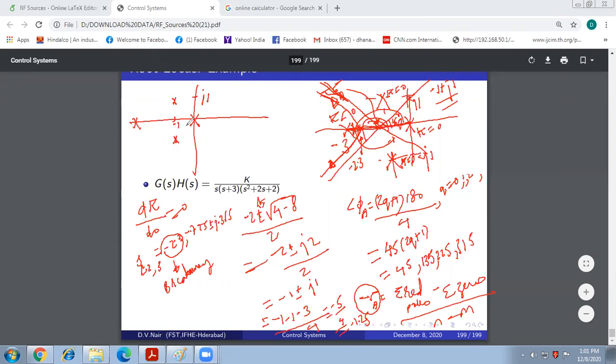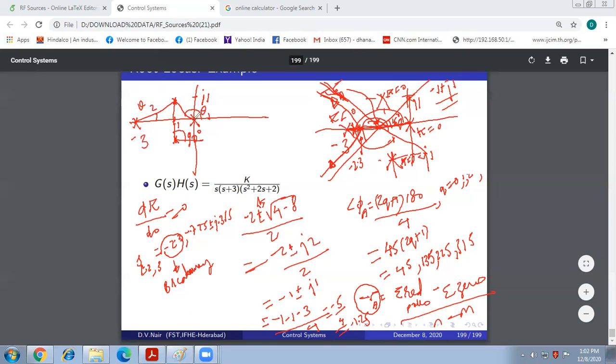So what we do, we join this pole with all other open loop poles and zeros. So here it will go like this. This pole will make an angle of theta 1 there. The conjugate companion will make 90 degrees at that pole, and similarly this pole will make an angle of theta 2, let us say. This is minus 3.